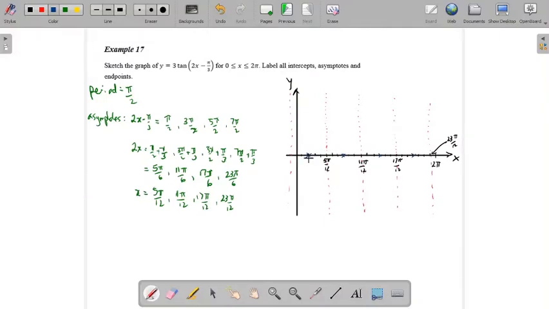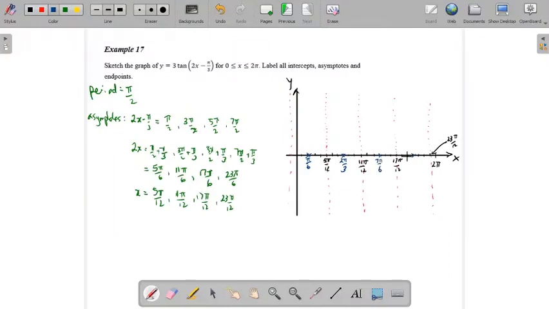So we'll label those. So what have we got? These are every pi on 12. So that's 1 pi on 12, 2 pi on 12, which is pi on 6. This is 5, 6, 7, 8 pi on 12, which is going to be 2 pi on 3. 12, 13, 14 pi on 12, which is 7 pi on 6.